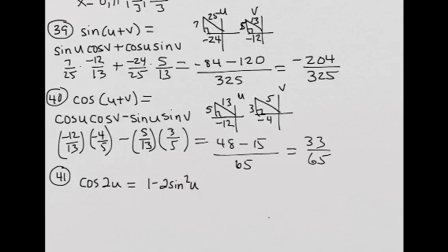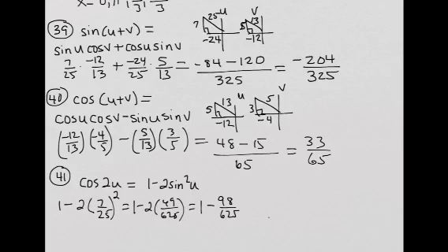So you would write 1 minus 2 times 7 over 25. Remember your order of operations, the square goes on sine u, so you would square this first, so it would be 1 minus 2 times 49 over 625. So that's 1 minus 98 over 625.